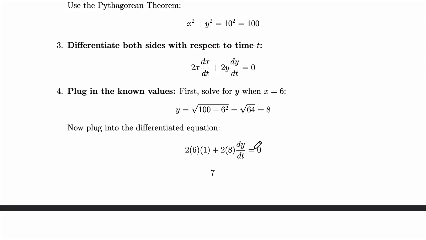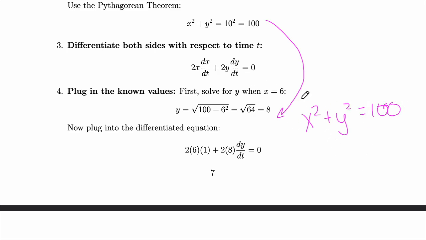Next, we're just going to plug in our givens. So we know that x is equal to 6. And I should note that I actually already did the algebra here and solved this for y. I didn't make that clear, now that I'm looking at my work, but basically I took x squared plus y squared equals 100.